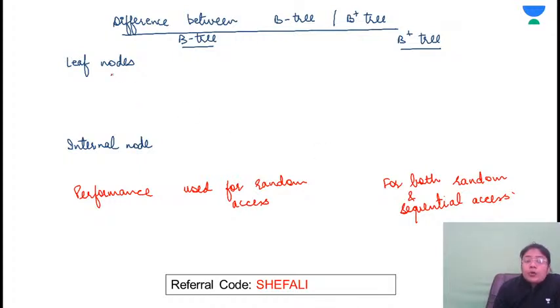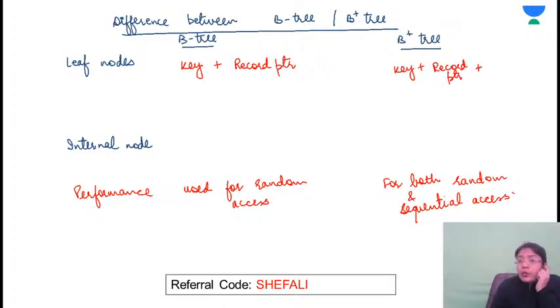If I talk about the structure of the leaf node, in the B tree leaf node there are only the keys and the record pointers. Whereas in case of B plus tree, here we have the keys plus record pointers and one block pointer.